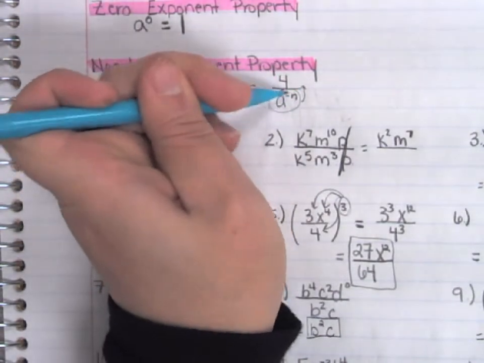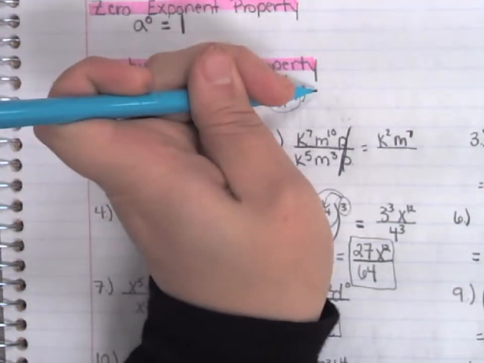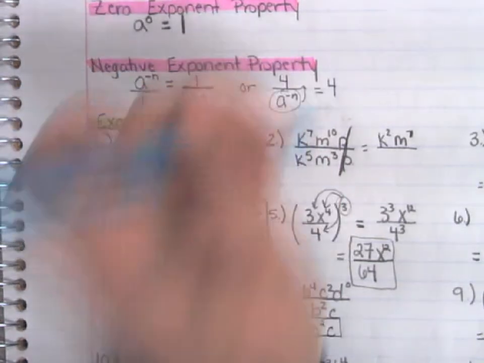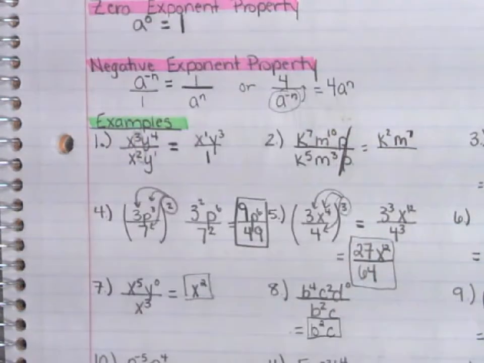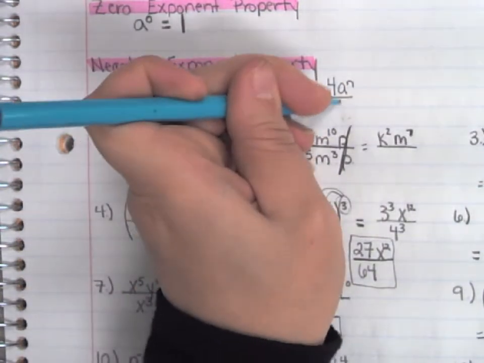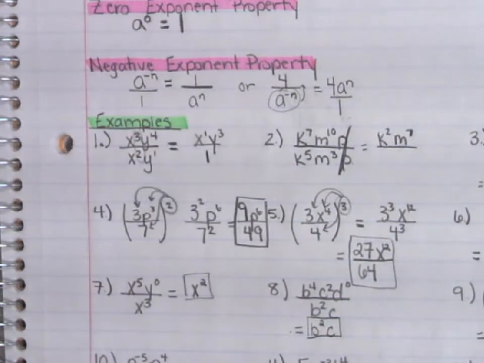Only the thing that's connected to that negative exponent can move. So the 4 stays up top, and a turns to the positive n. Now it's all over 1 because there was nothing left underneath with that a sub n. Does that make sense? In a weird, cryptic way. You'll never forget it now. I know.